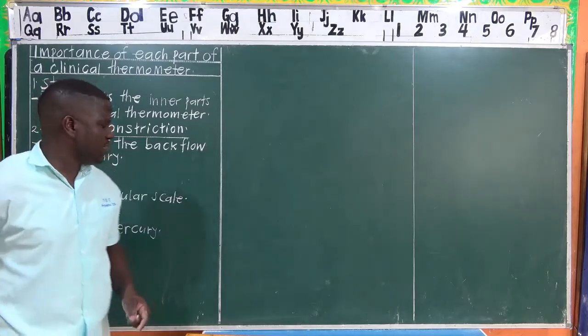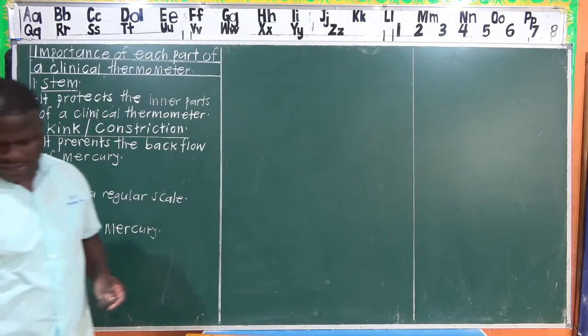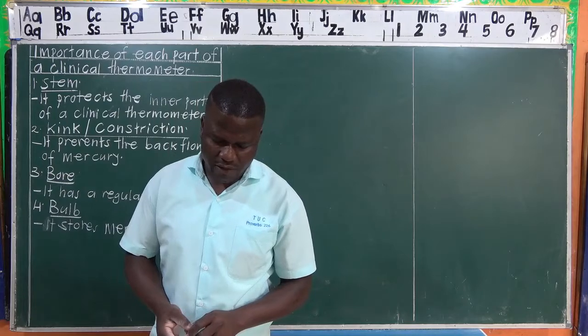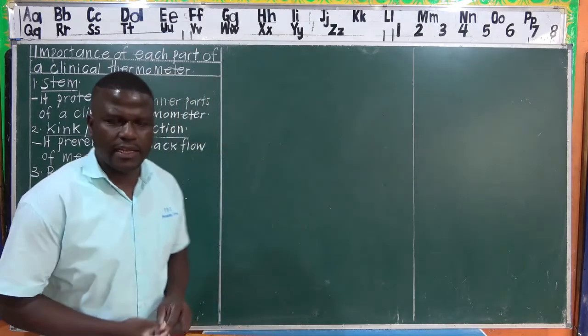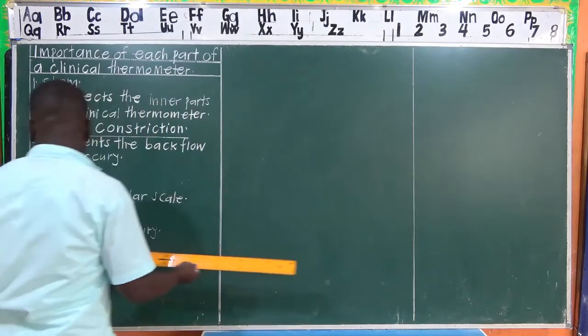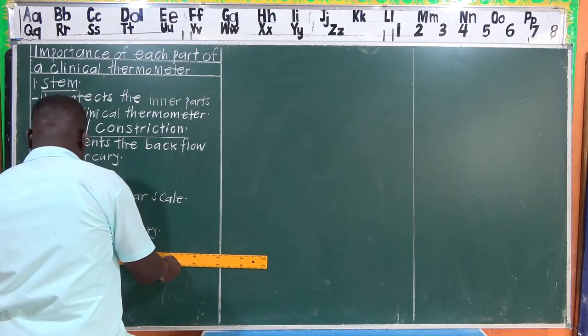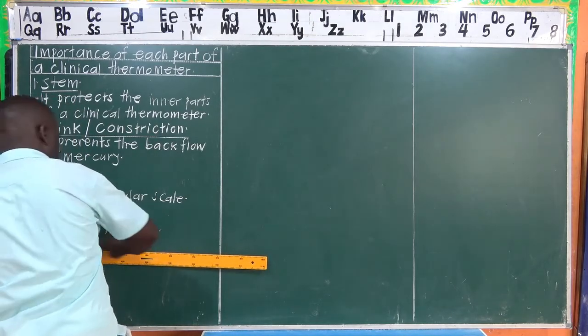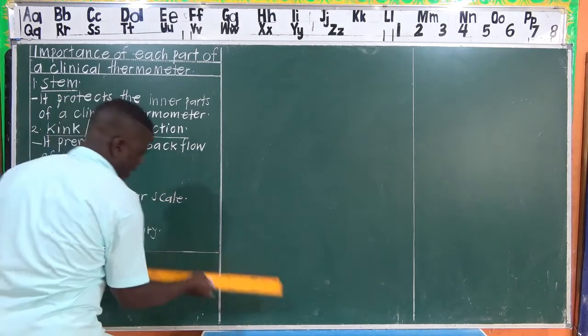Now we have looked at the functions of each part of a clinical thermometer. Next, let's look at reasons why mercury is commonly used in clinical thermometers. Why is mercury commonly used in a clinical thermometer?